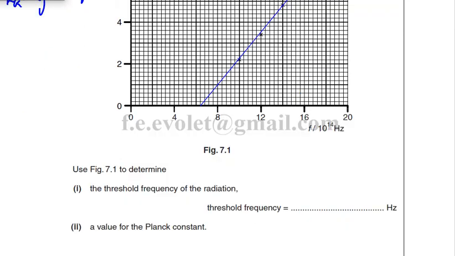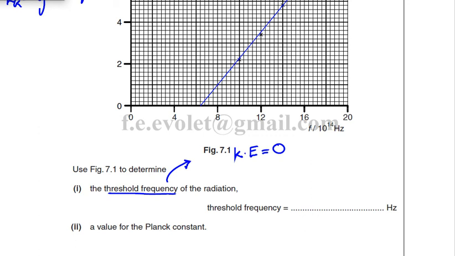So the first part of question B says use the figure to determine the threshold frequency. Threshold frequency is the minimum frequency required to knock out an electron. At that instant, the kinetic energy of the emitted electron is 0. So we can use the graph to find out at what point the kinetic energy of the emitted electron is 0 and what's the corresponding frequency.